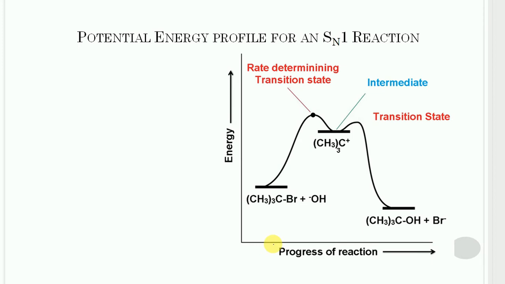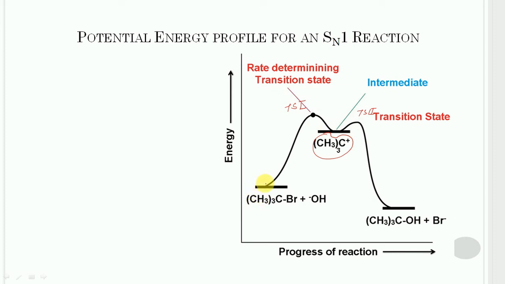Then the potential energy profile diagram for the SN1 reaction. The diagram clearly shows that the reaction occurs through two transition states with the formation of a carbocation intermediate. This one is transition state 1, this one is transition state 2, and this is the intermediate carbocation.